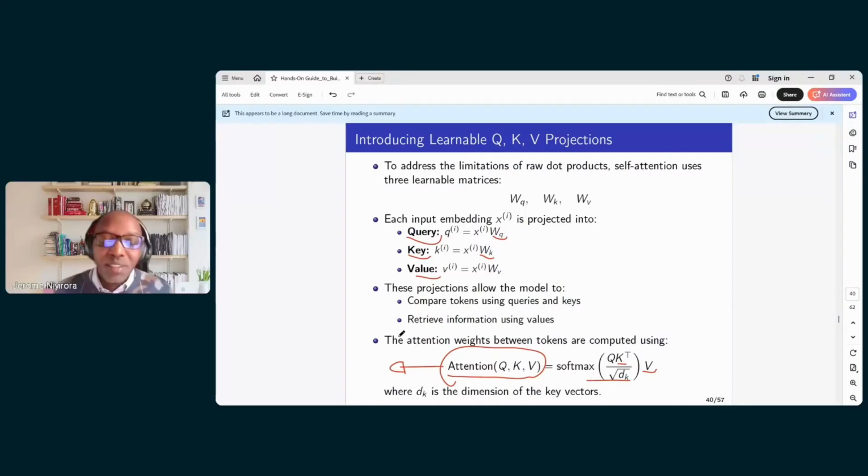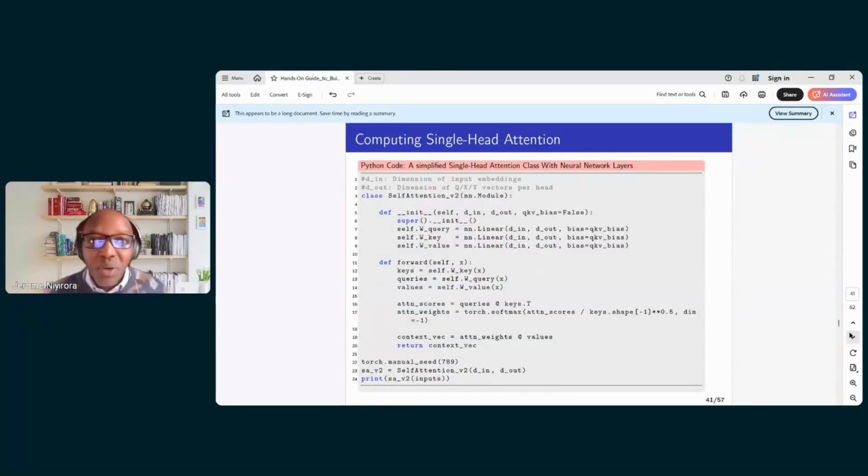So in the attention paper, they found that this structure tends to help capture the context between different words a little bit better. It's just a little bit of technicality as a side note for those interested. Coding wise, it's not difficult. In this case, you have a self-attention class.